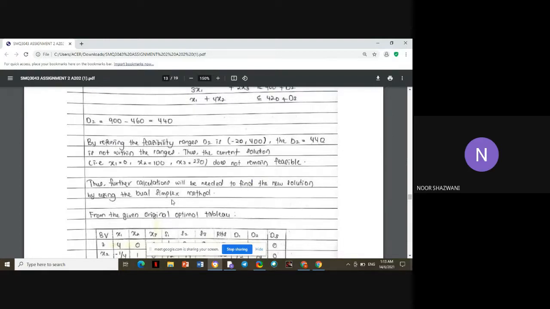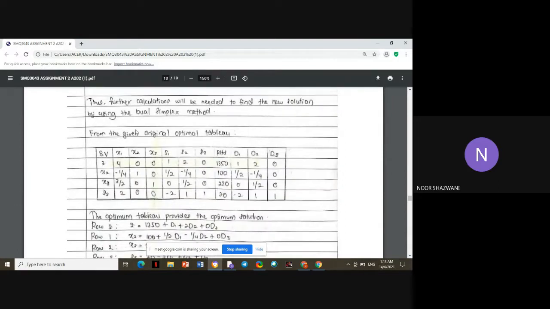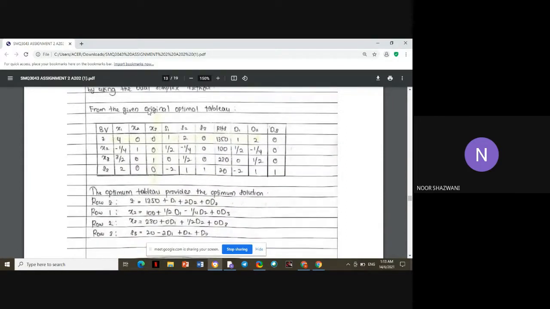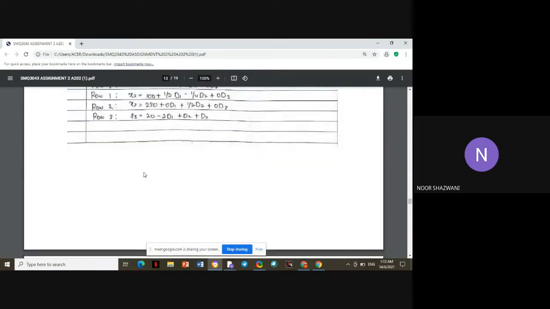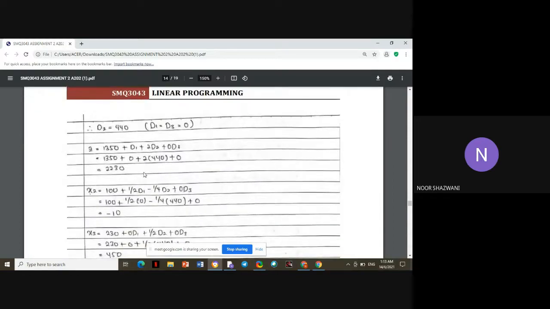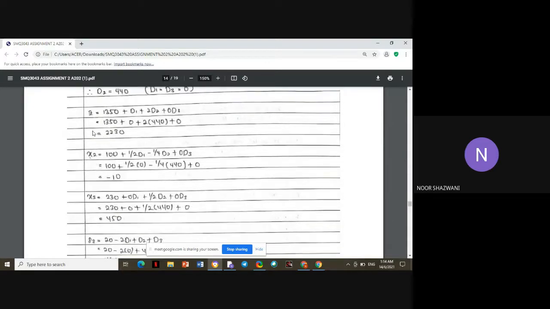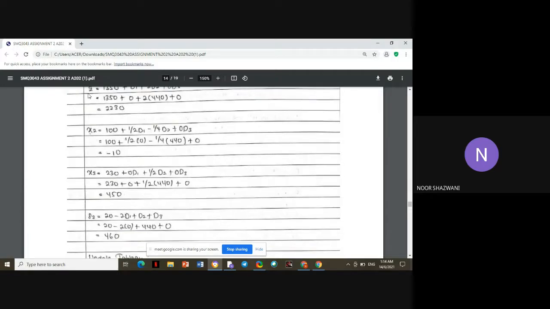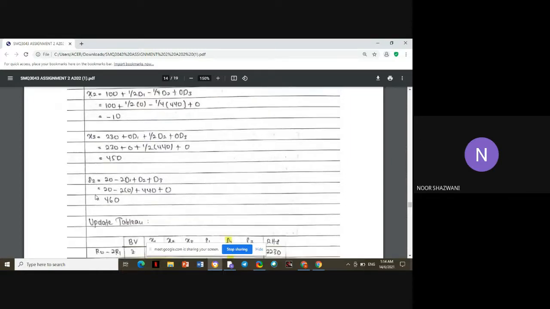dual simplex method. Okay. So the step is, this one is the original optimal tableau, and from this we have to find the new optimal solution, and then we have to consider that D2 equals 440, and then D1 and D3 we consider as zero value, and then after we make a calculation, we got the values of Z, X2, X3, and X3.